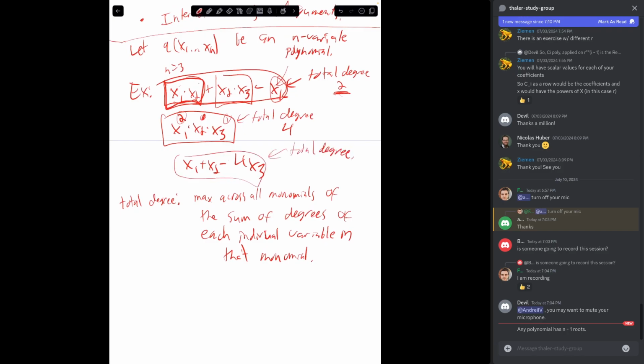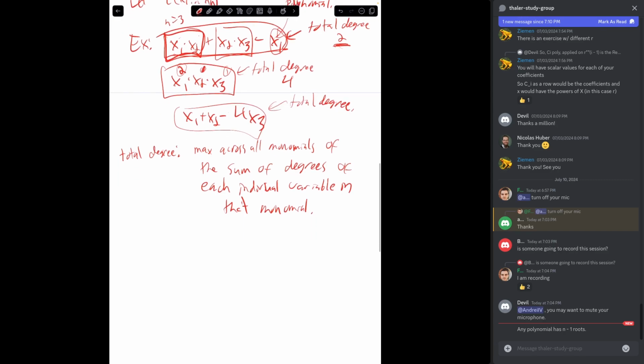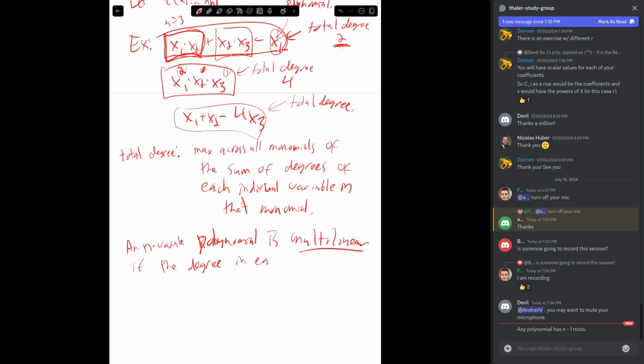Yeah. So there are other notions of degree for multivariate polynomials that might be relevant. Like you might just look at the degree in each variable individually. But that wouldn't be called total degree, right? So I'll just mention now, an n-variate polynomial is said to be multilinear if the degree in each variable is at most 1. Okay.